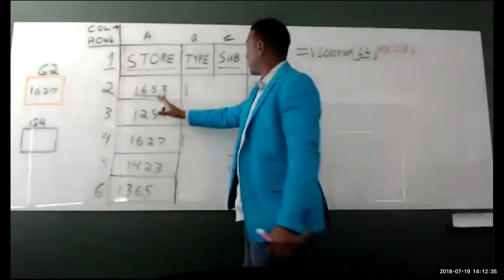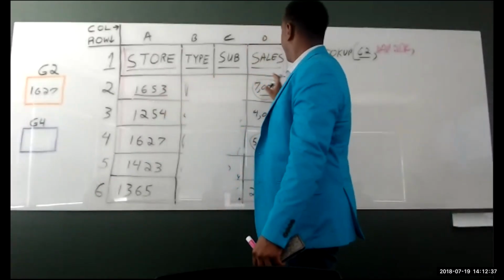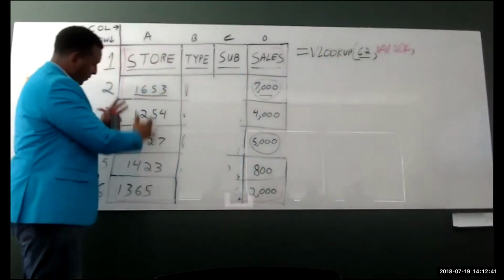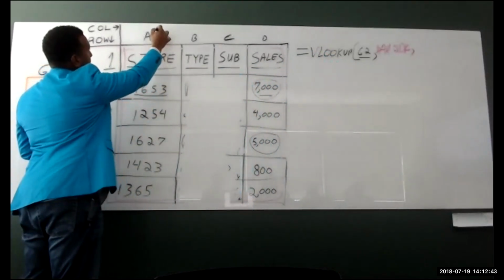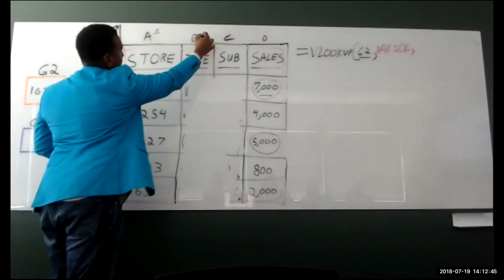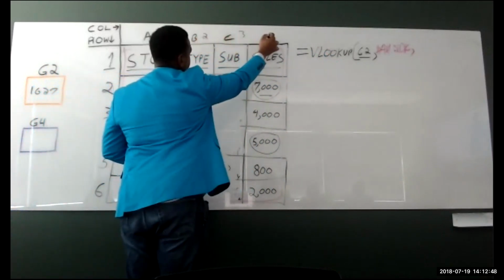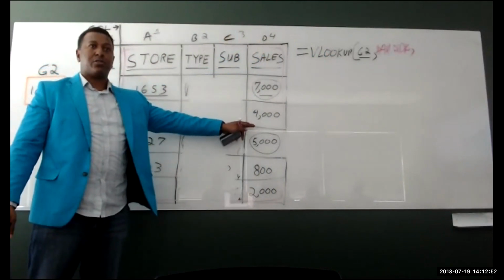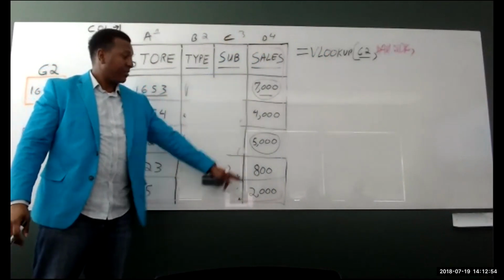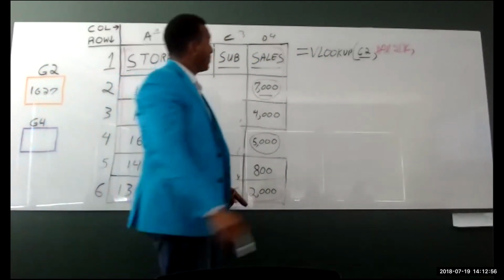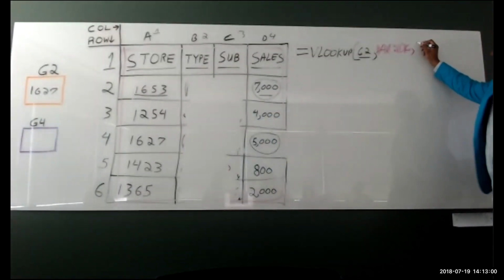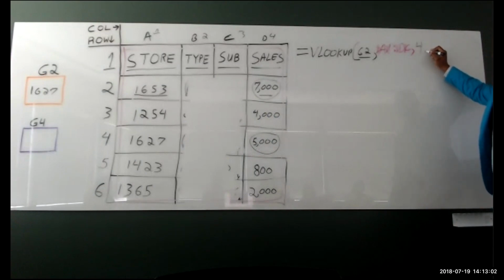So in my box, I have 1, 2, 3, 4 columns. It starts with the left. The far left column is column number 1. And then so on and so forth, 2, 3, and 4. If I wanted to return the values of sales, okay, I would have to tell the VLOOKUP to go 4 spaces.